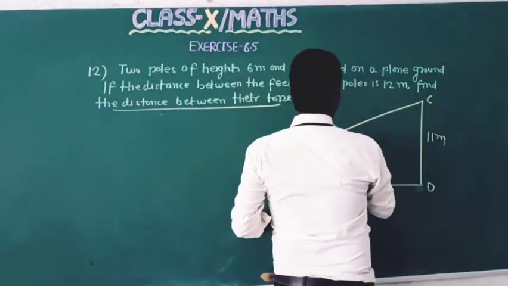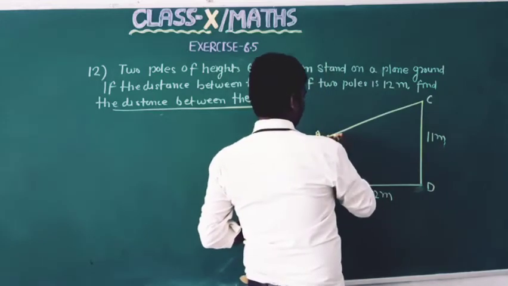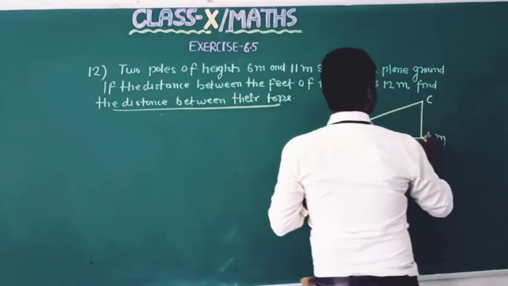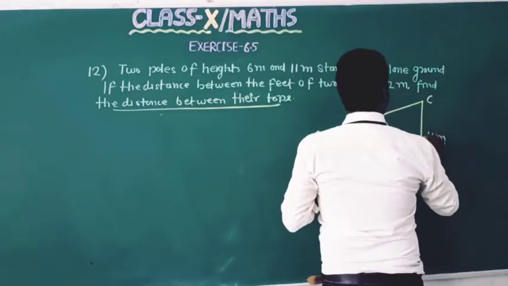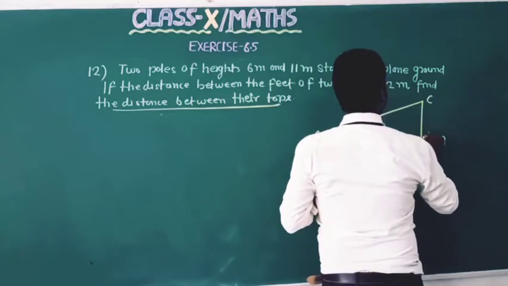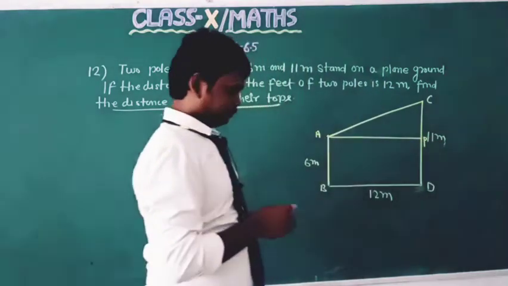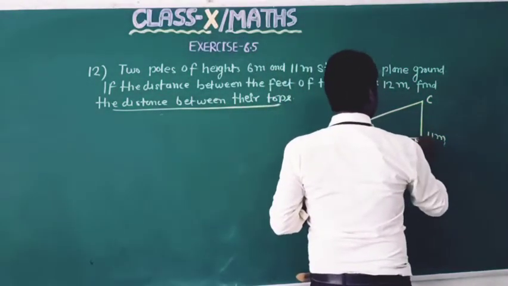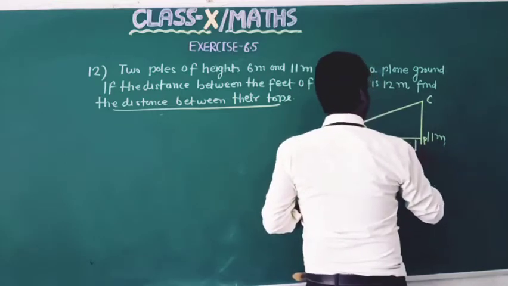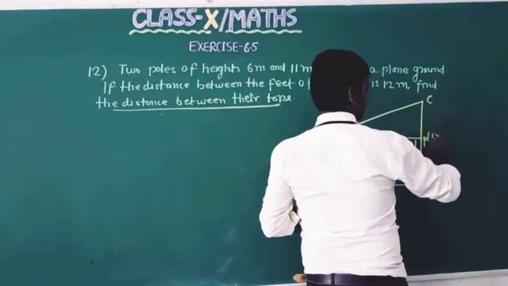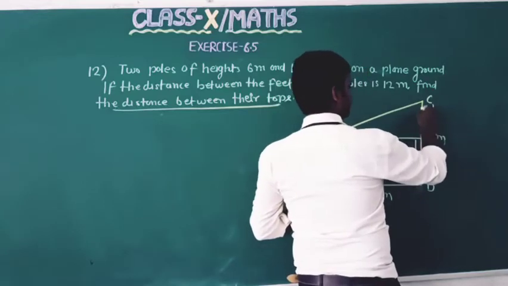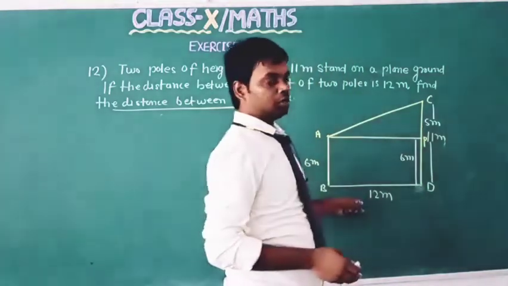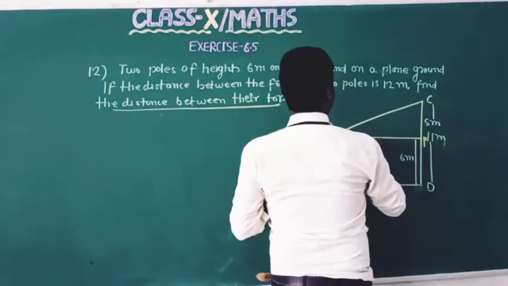And now draw the perpendicular from A. So this is another line, point P. Okay, so AB is 6 meter, therefore PD is also 6 meter. Then for distance CP, total distance CD is 11, then CP is 5 meter. It is given BD equals 12 meter, then AP is also 12 meter.